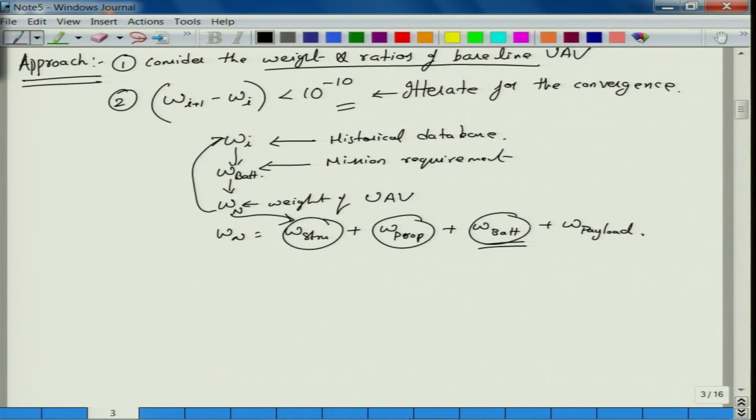So, the new weight will become the input of this iteration. Let us say if I iterate within this loop, then the new weight will now become the initial weight and then we will try to estimate what is the power requirement with this new weight to carry out that particular mission, thereby estimating the battery weight, and then from that battery weight again we will find out what is the total weight of the UAV.